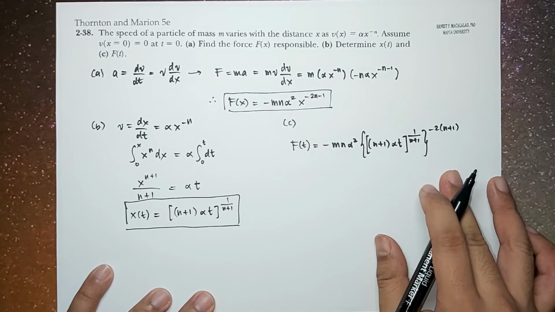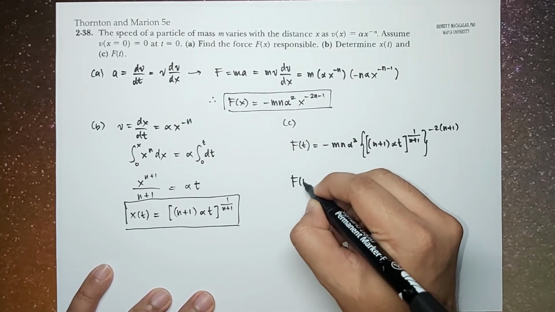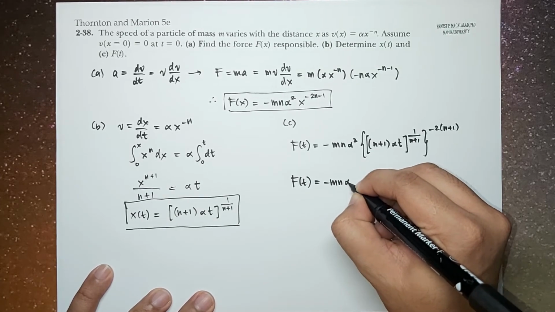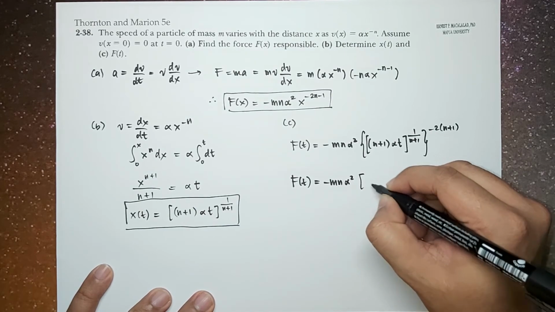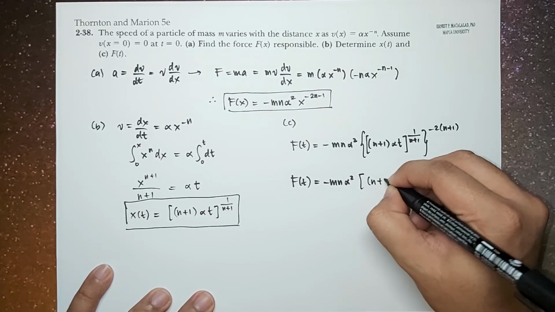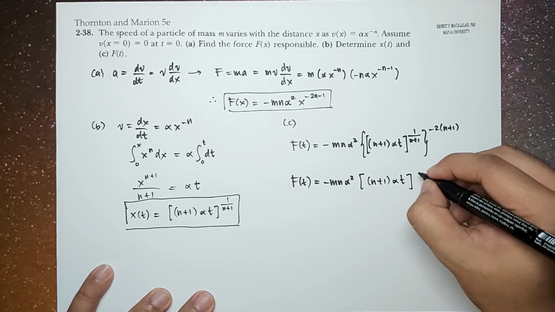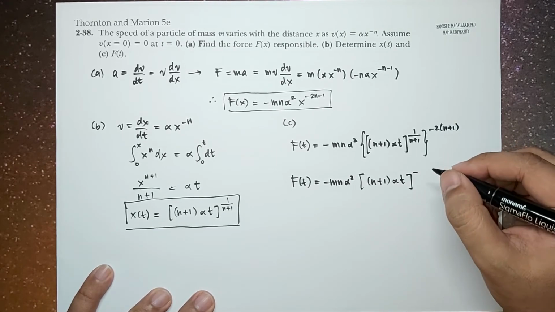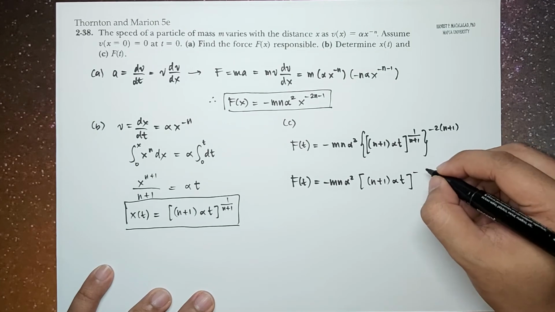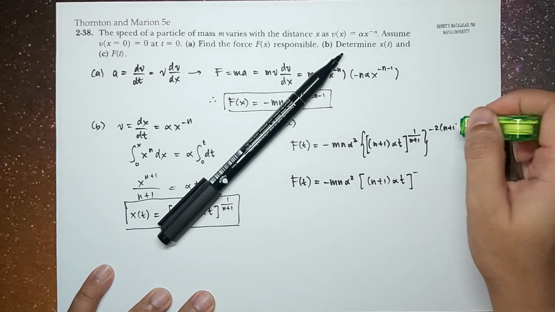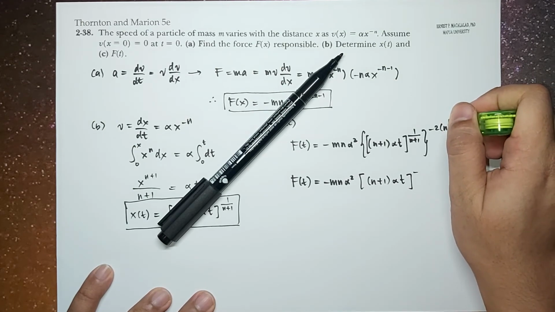Okay, so simplifying this, we have F as a function of time equal to negative m n alpha squared times n plus 1 times alpha t to the negative, sorry about that.